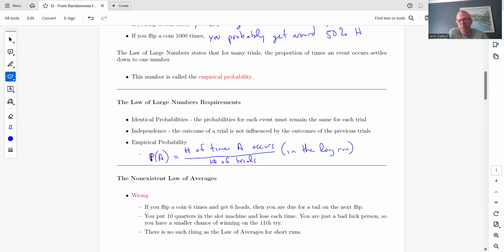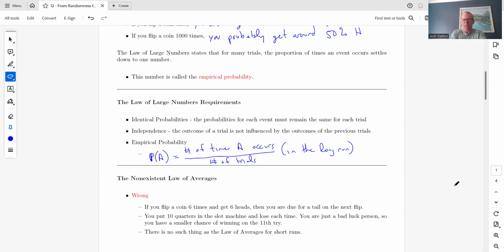You put 10 quarters in the slot machine, you lose each time. You're just a bad luck person, so you have a smaller chance of winning on the 11th try. That's also not true. The slot machine presumably would have the same probability of getting any combination at any given time. So you're equally likely to lose every time. So there's no such thing as the law of averages for short runs.